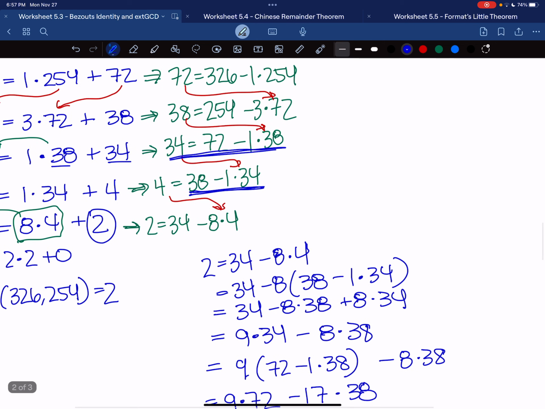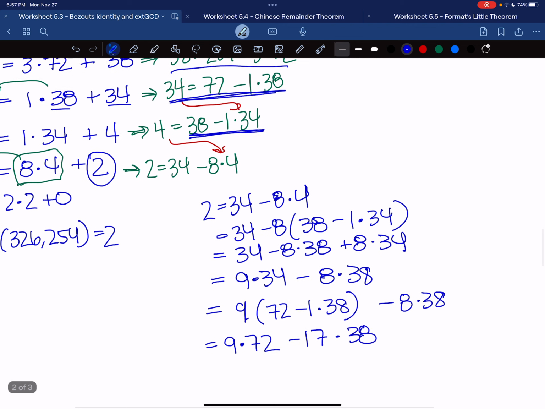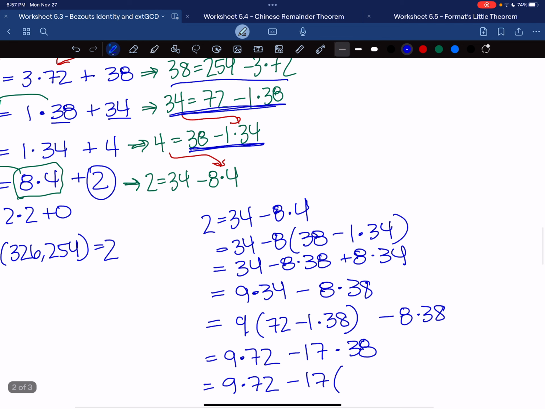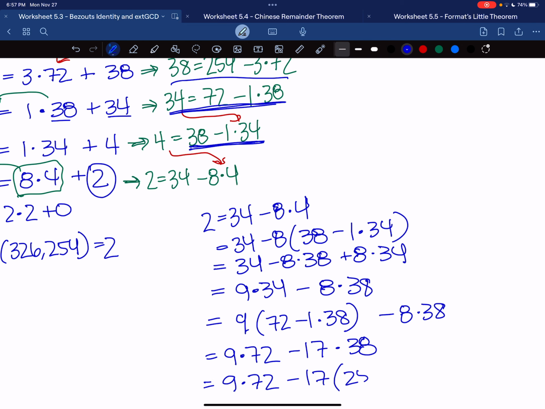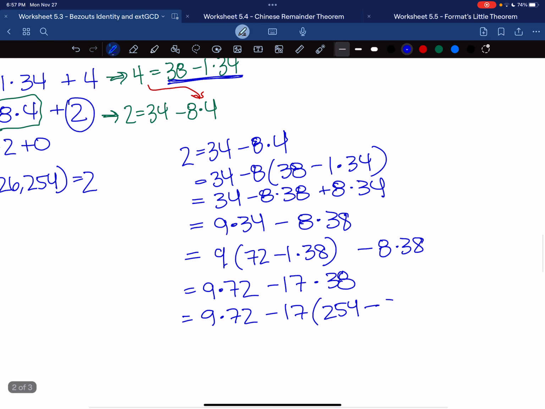And that's good because that's the next one on our list, which is 38 is 254 minus 3 times 72. So this is 9 times 72 minus 17 times 254 minus 3 times 72.